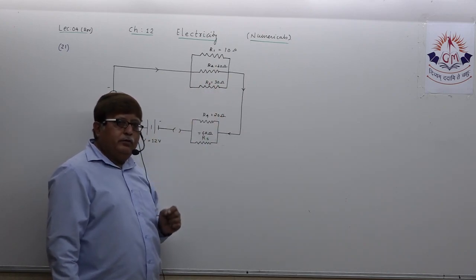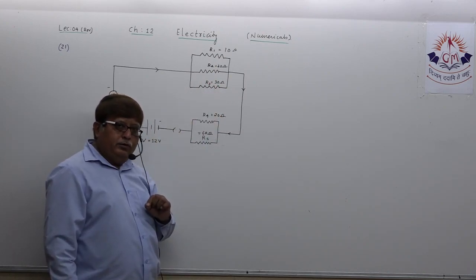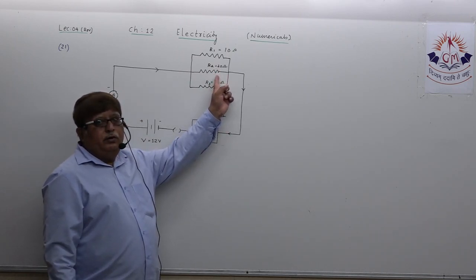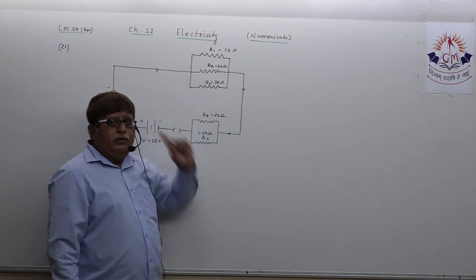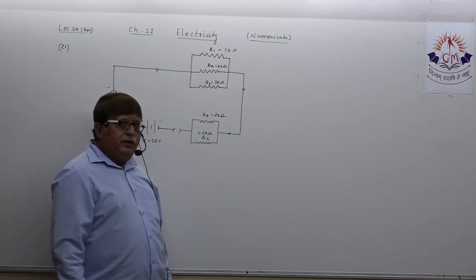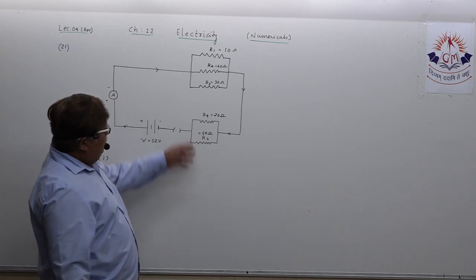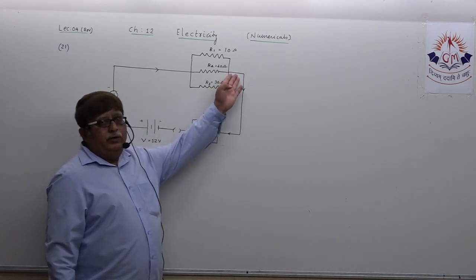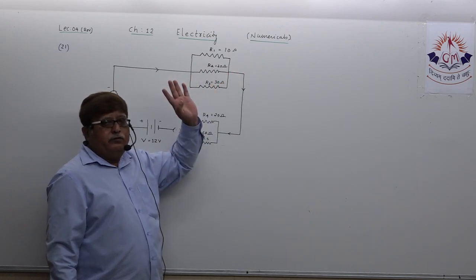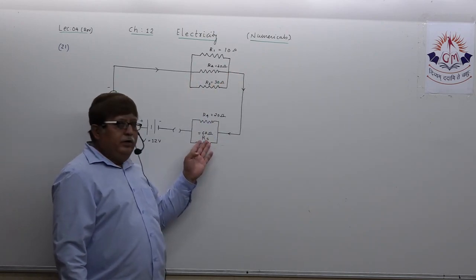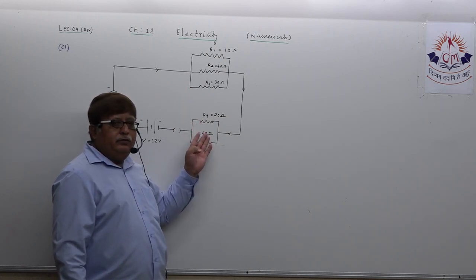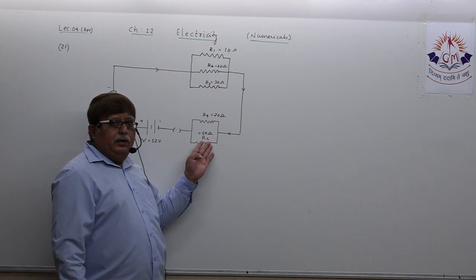So first we will find the total resistance of this assembly, and we can call it R6, since they have taken up to R5. Then again two resistors here are in parallel connection.